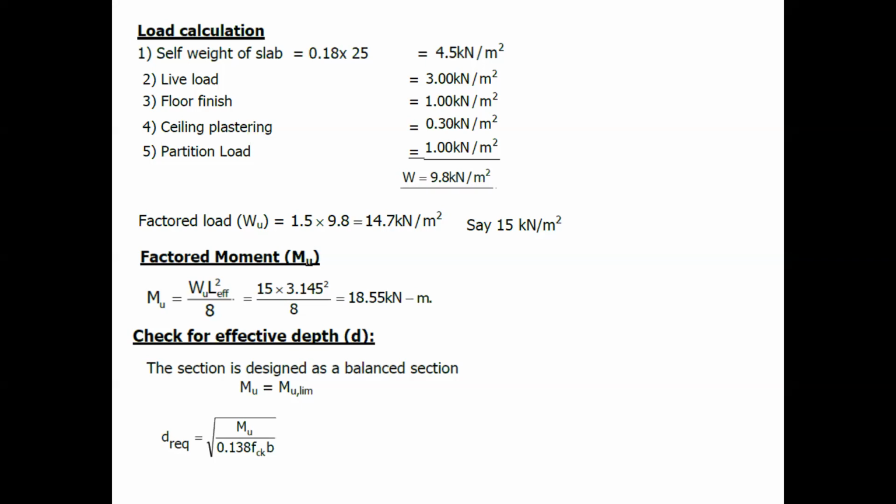How much are you getting for d required? The grade of concrete fck is 20, b is 1000, and Mu is 18.55 into 10 power 6. 81.98, sir.